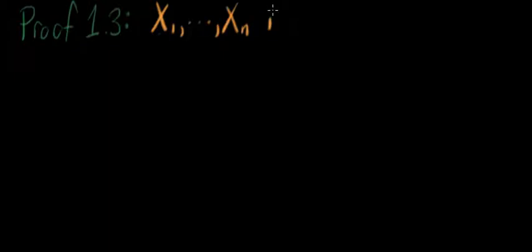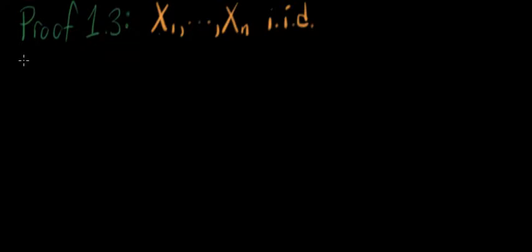So they are actually IID random variables, independent and identically distributed. So the expected value of all of these is going to be the same. The variance of all of these is going to be the same, and they are independent.